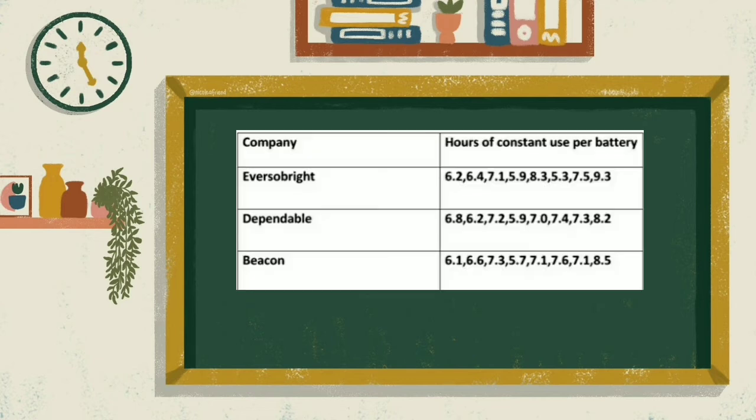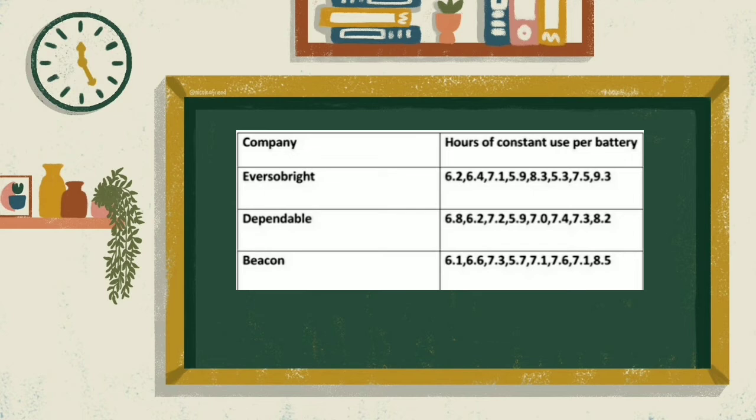So, for the Ever So Bright company, the given hours of constant use per battery is this. So, meron tayong 8 batteries, which is the 6.2, 6.4, 7.1, 5.9, 8.3, 5.3, 7.5, and 9.3.